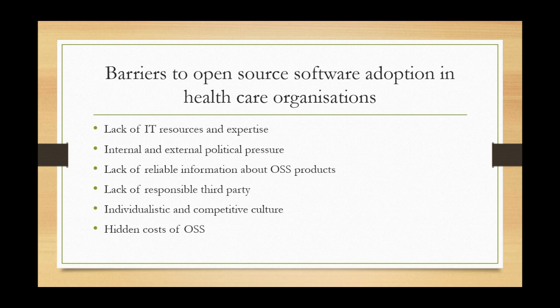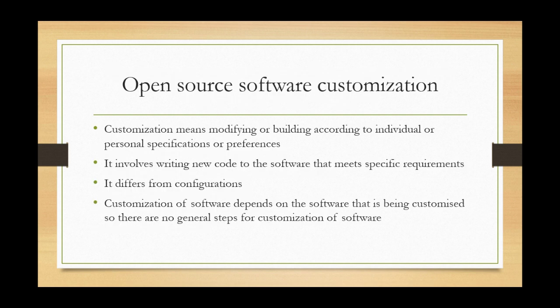As we know, open source can be obtained for free, but in some cases there are costs associated with training, costs associated with maintenance of the software, fixing bugs, or even addressing new requirements. Those are termed as hidden costs.